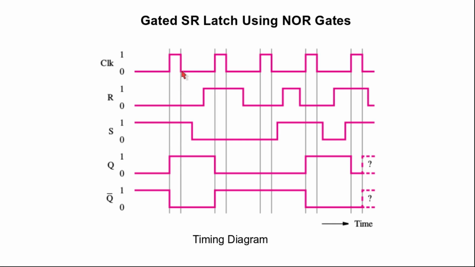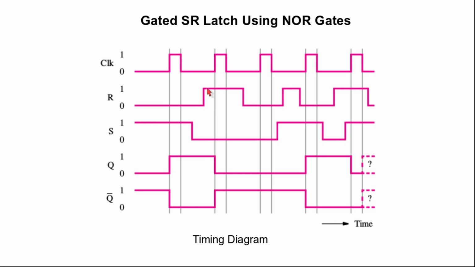Now at this point the clock input changes to 0. So even if at this point R is changing to 1 and S is already 0, still your Q output will not go to the reset state at this point.